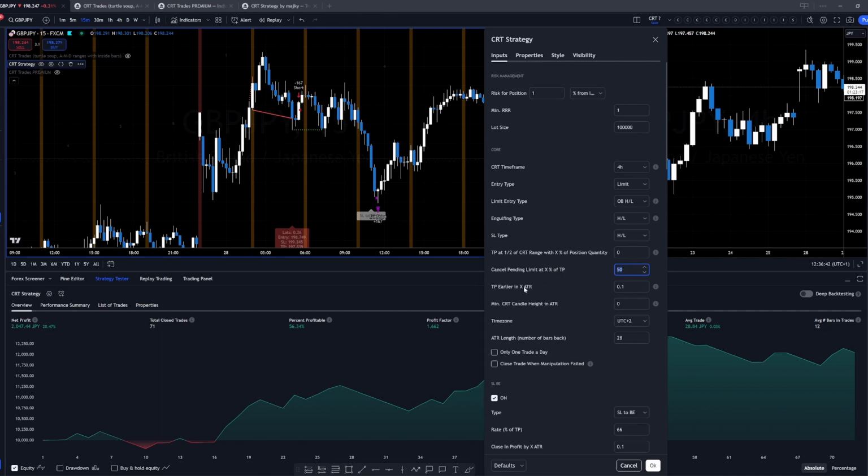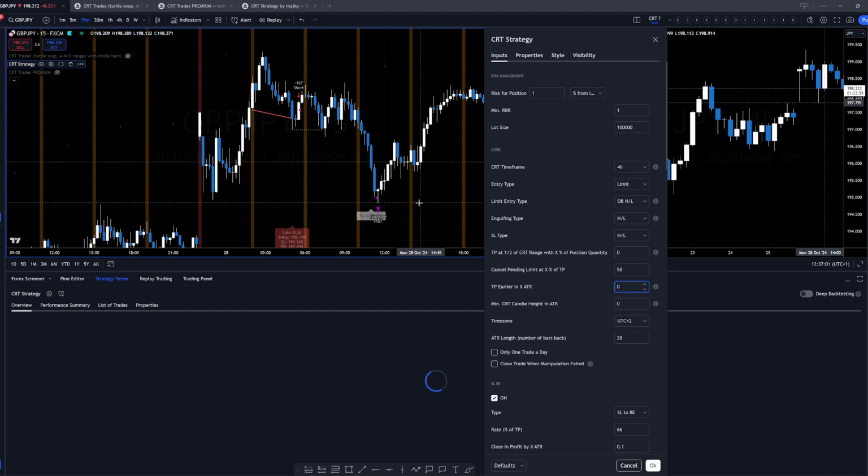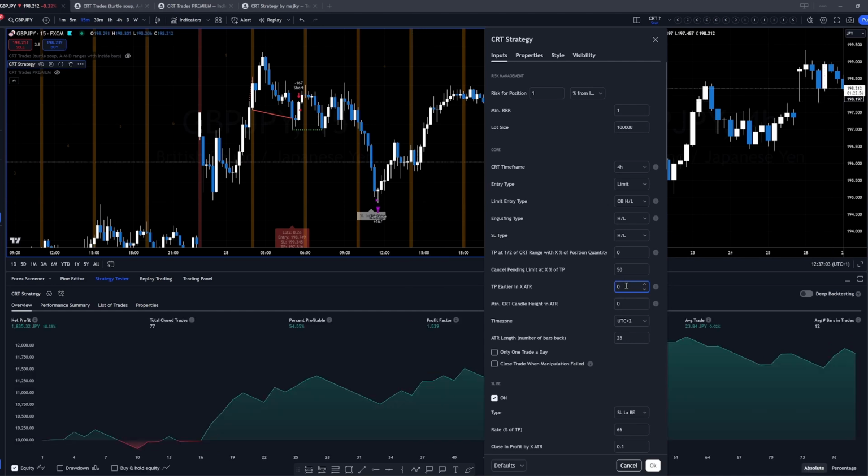Then TP earlier in X ATR. You can set if you want the TP to be closed earlier, because sometimes the price can jump or bounce earlier than hitting the previous high or low. If I set it to 0, you can see that this will be closed a little bit lower.